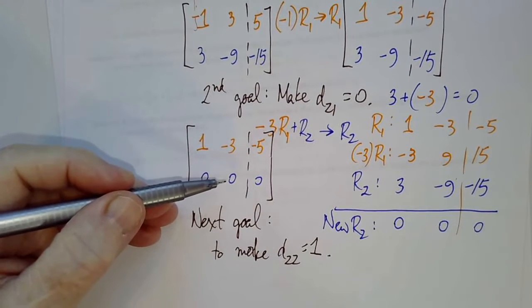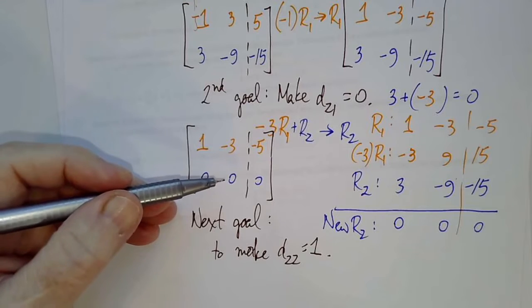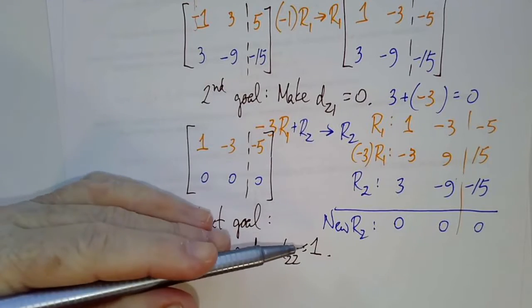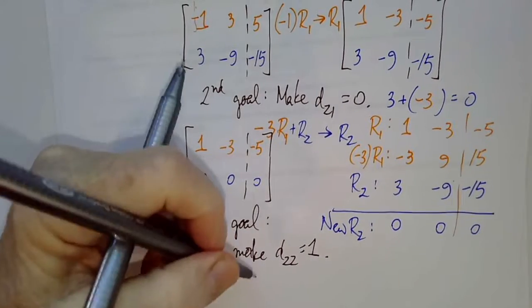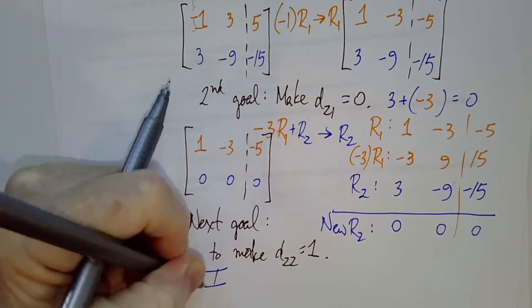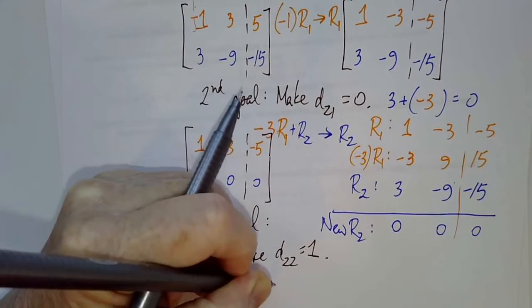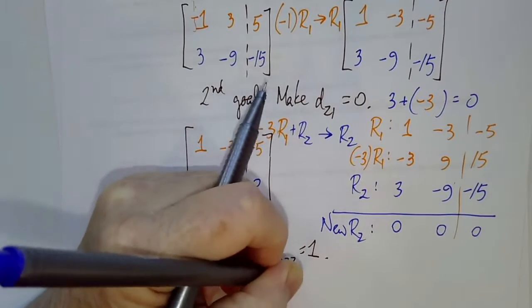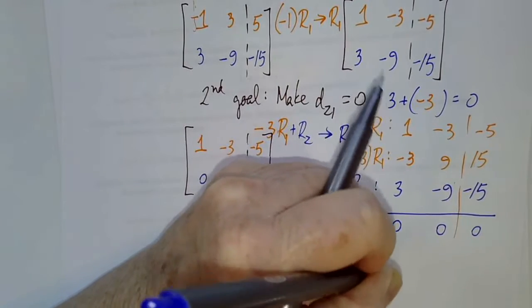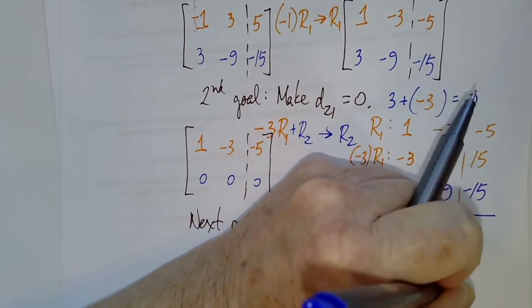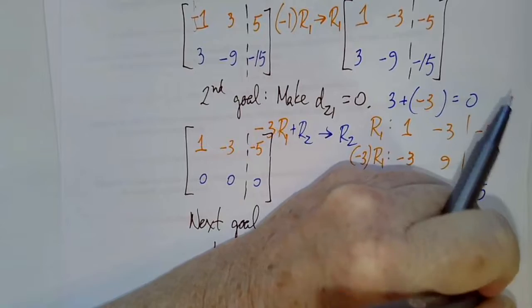I can multiply 0 by anything in the world and I'll still get 0 as an answer. There's no way to get 1. So it is impossible. Let's write that down. To get a 1 in d22.